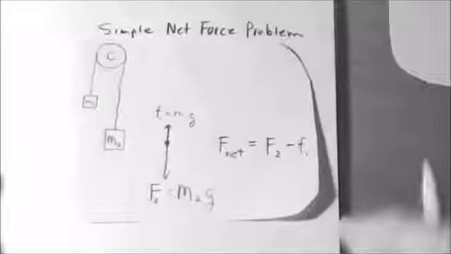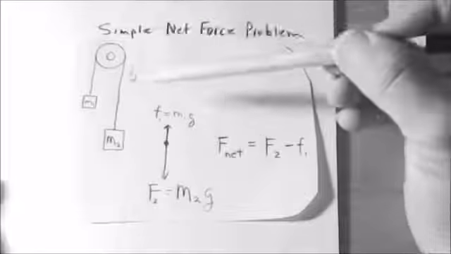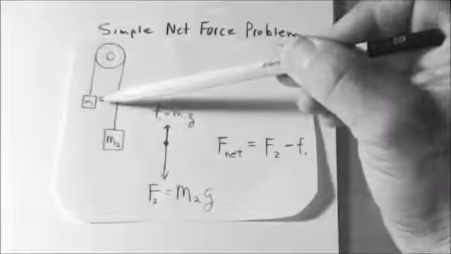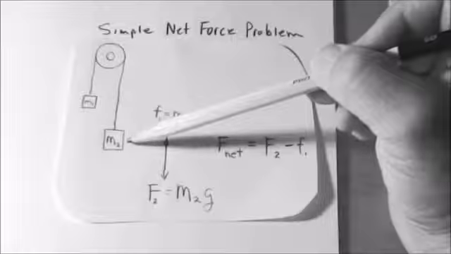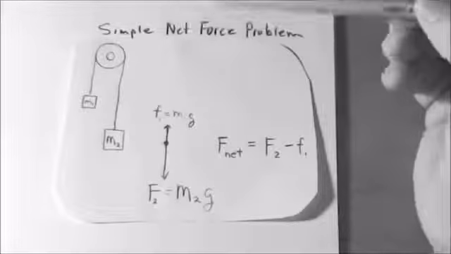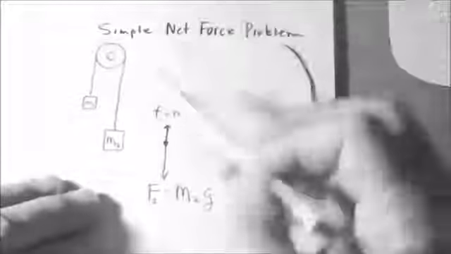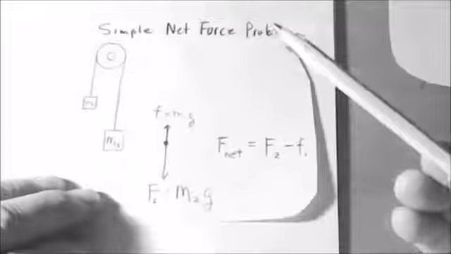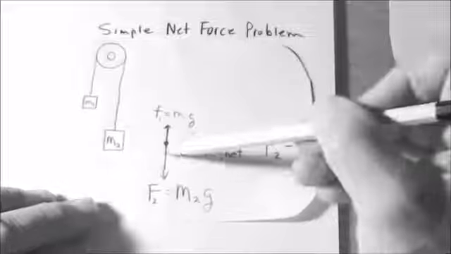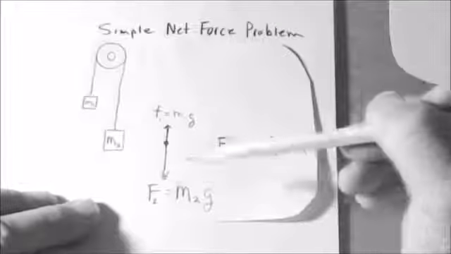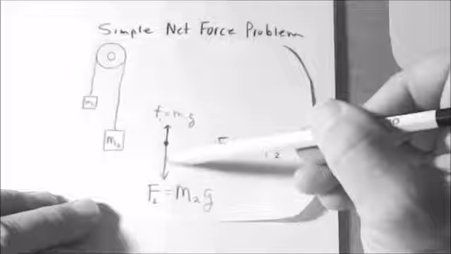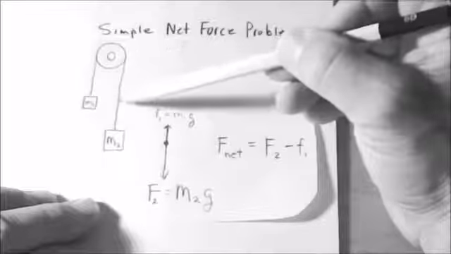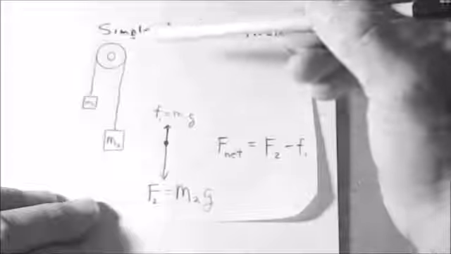What I've got is a pulley, and off of it I've got two weights. One of them is a smaller weight, one of them is a larger weight. If we draw a free body diagram for this mass right here, we are going to have the force of gravity pulling it this way, and then we'll have the tension on the rope pulling it this way.